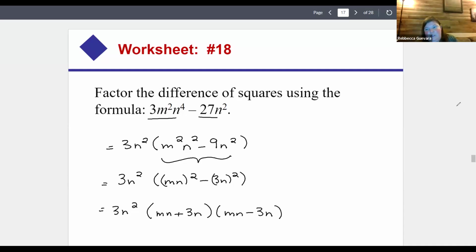Oh, you know what? There's a little mistake here, because I pulled out the n there, so that n is no longer there. Sorry about that. There we go. So 9 is 3 squared, so we have m plus 3 and m minus 3.